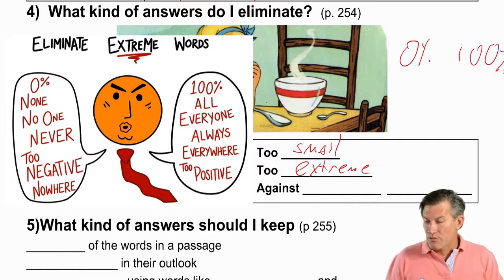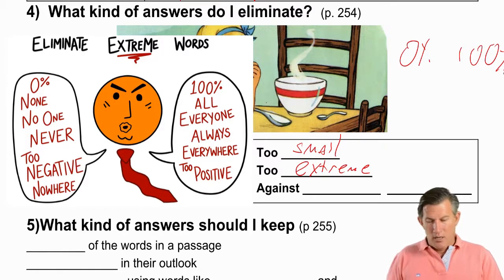All right, the extreme words that mean 0% are like none, nobody, nowhere, and never. Okay, nobody likes pink. That's a ridiculous statement, and it can't be true. Okay, then the ones that mean 100% are all, everybody, everywhere, and always.